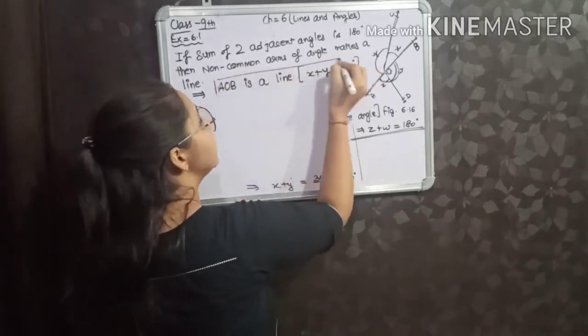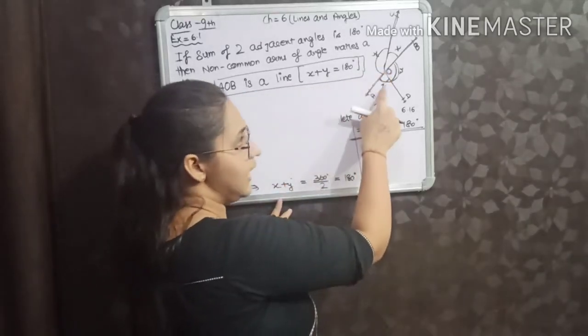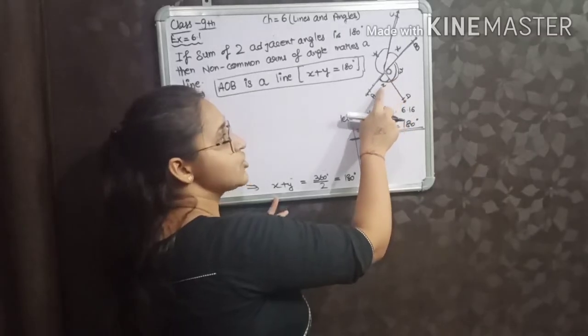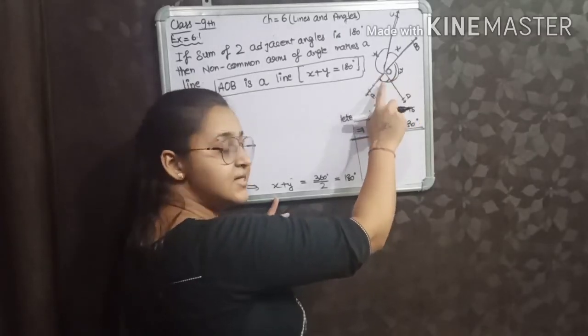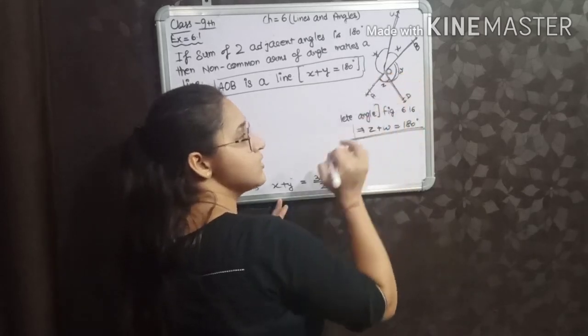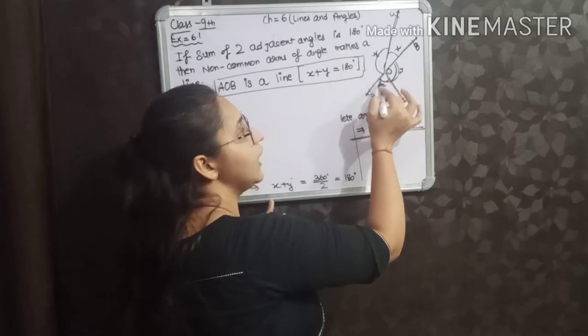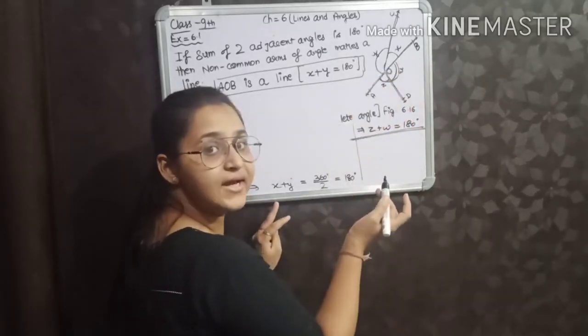Or similarly we can say that if we take angle z and angle w, check first of all, are these adjacent angles? Yes, these are adjacent angles. Why? Because OD is the common arm, O is the common vertex, and OA and OB are on opposite sides of the angle.